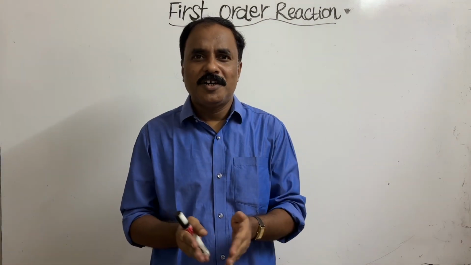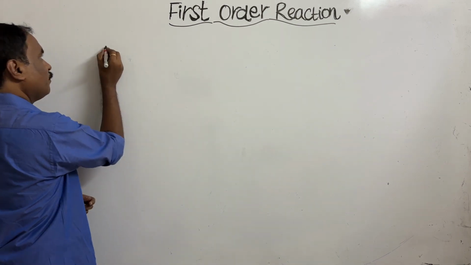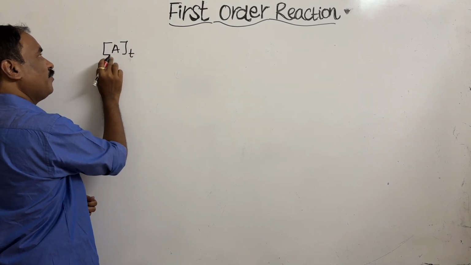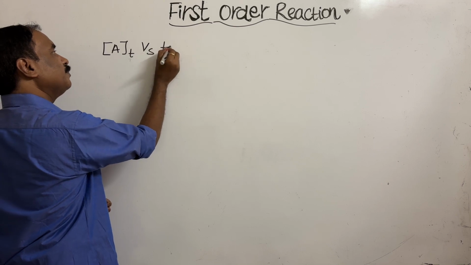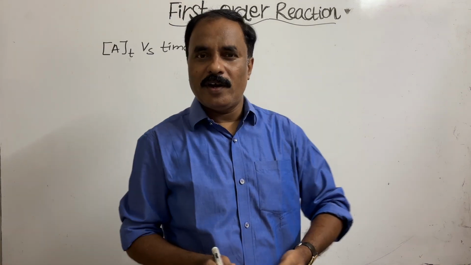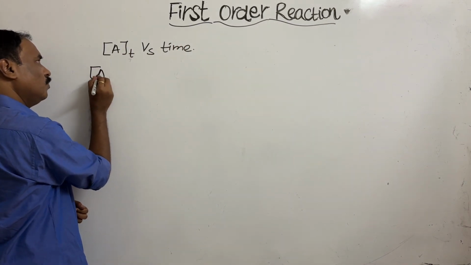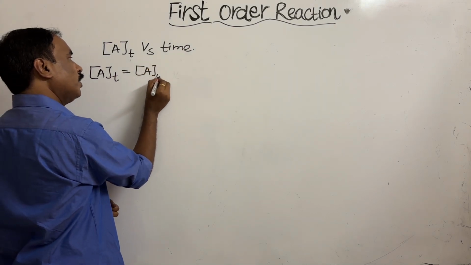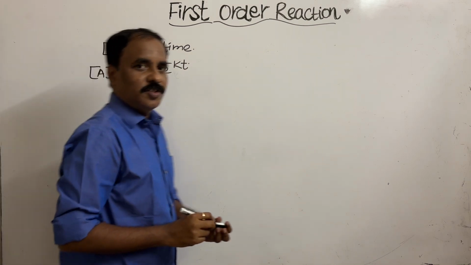Now graphical representation in first order reaction. Graph number 1: concentration of AT, concentration of reacting molecule after certain time t, versus time. We know the exponential form of rate law in case of first order kinetics. What is that equation? AT is equal to A0 into e to the power minus KT. इसका मतलब क्या होता है?